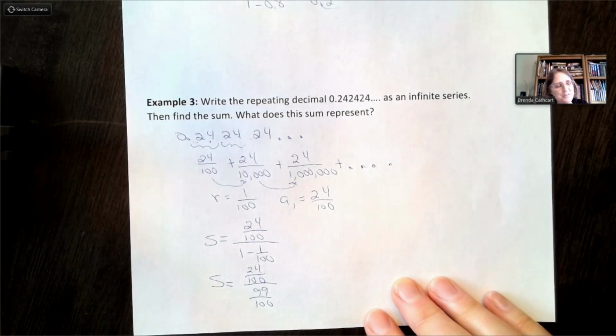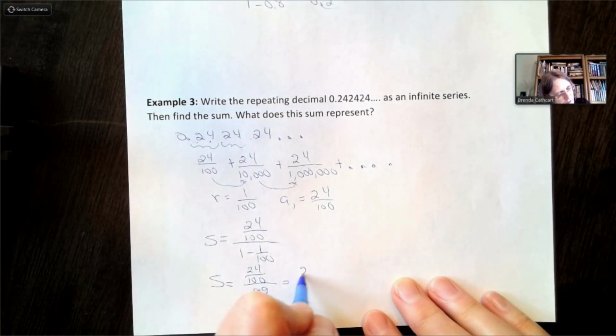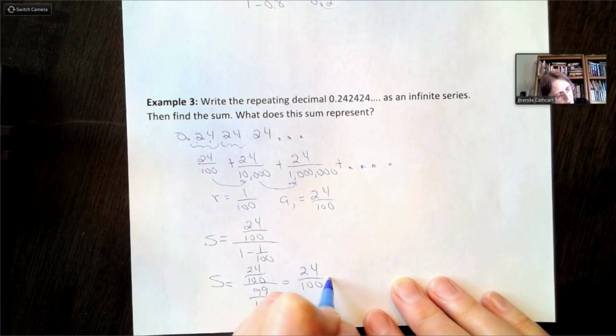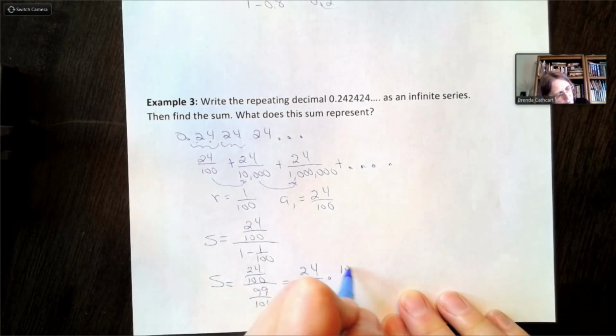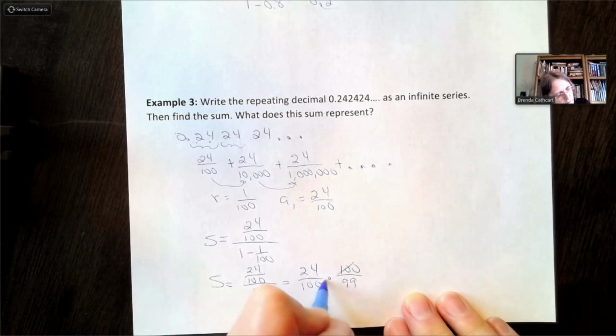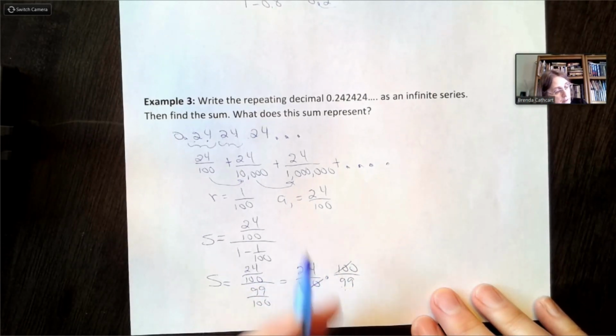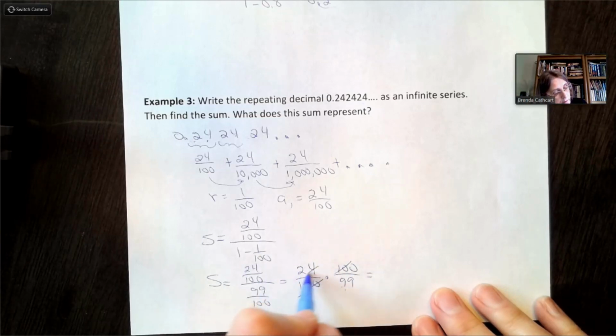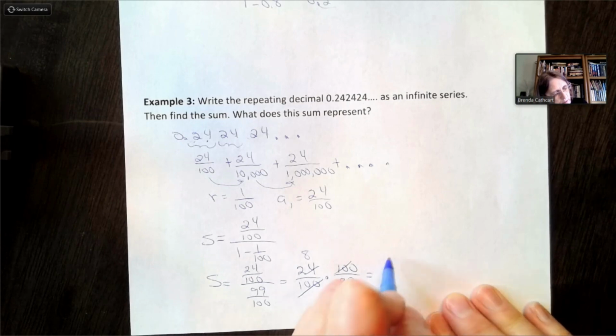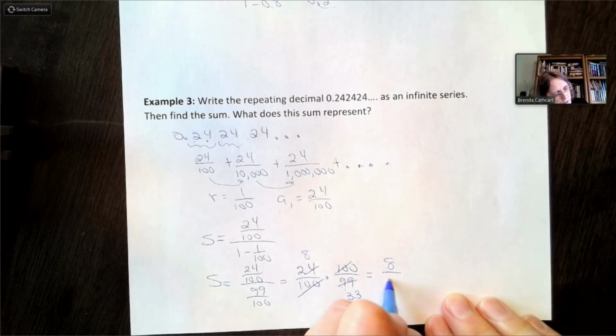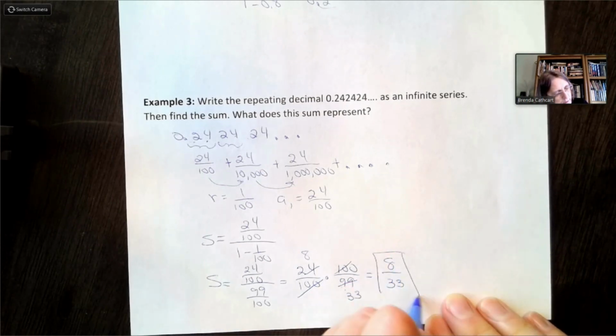Well, to divide with fractions, we flip and multiply, so this becomes 24 over 100 times 100 over 99. The 100s reduce, and I can also reduce by 3 in the numerator and denominator. So reducing by 3 gives us 8 and 33. This is the fraction 8 over 33.